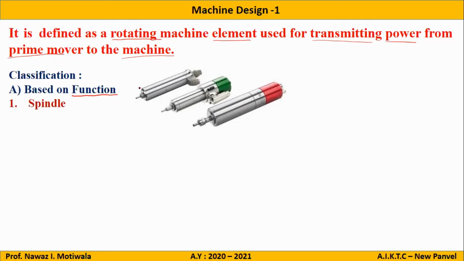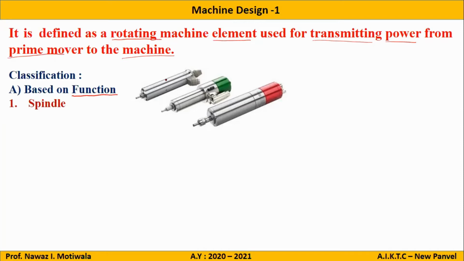If you observe in this diagram, the length of the shaft is much smaller than what you actually see. So if the length of the shaft is much shorter, then it will be known as a spindle. The other thing is, spindle shafts are designed only for twisting movement. Again, I repeat, please write down these points.